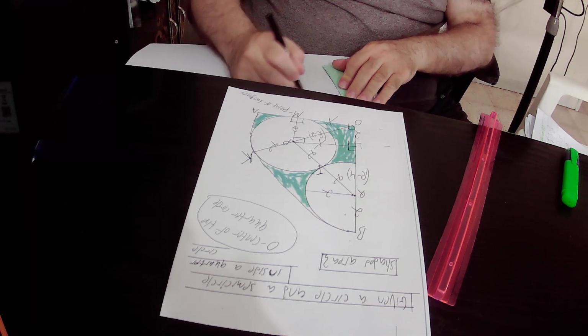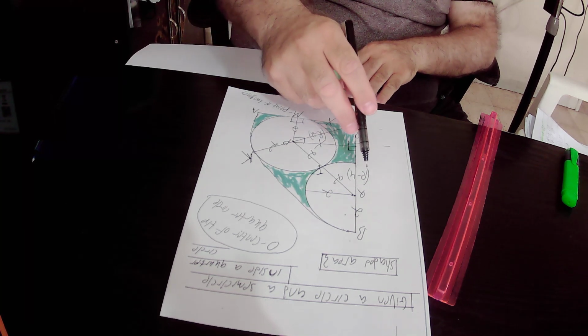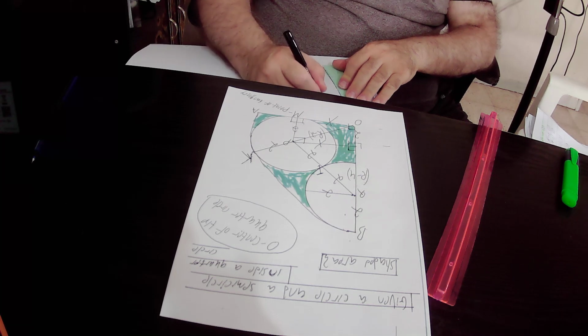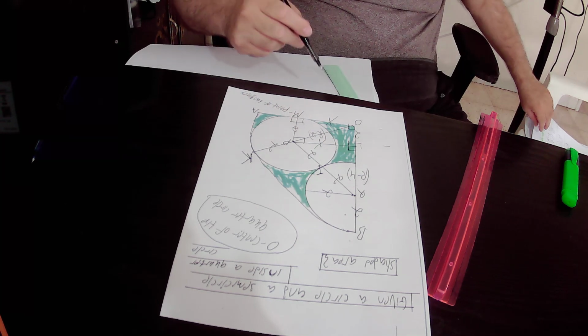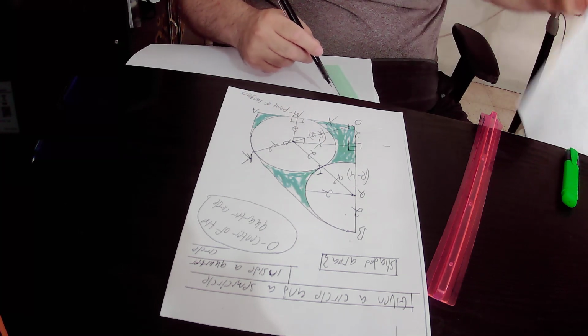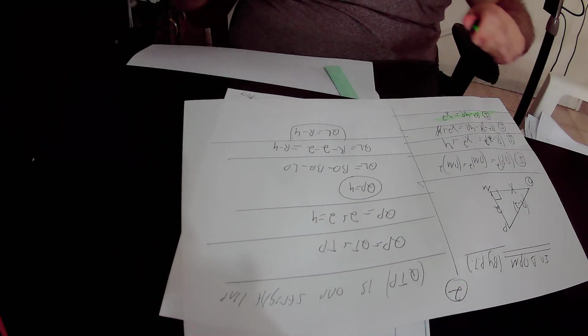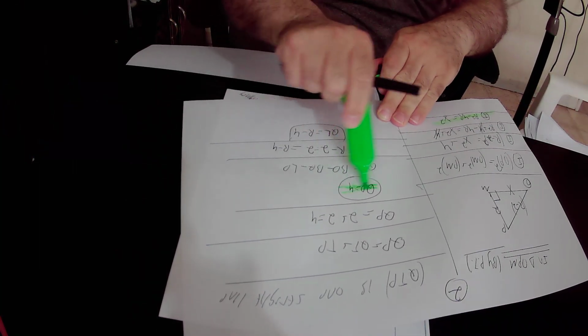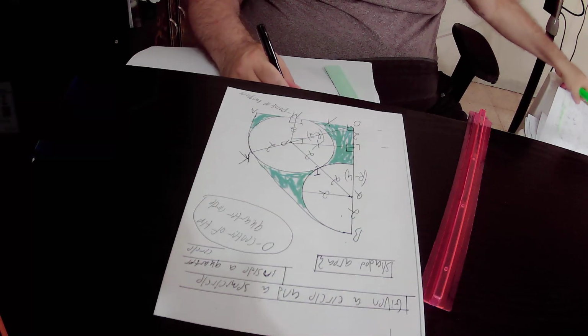Side LP equals x. We just found out that QL equals capital R minus 4. And the hypotenuse QP equals 4 units. This is 2 plus 2, that is 4 units.